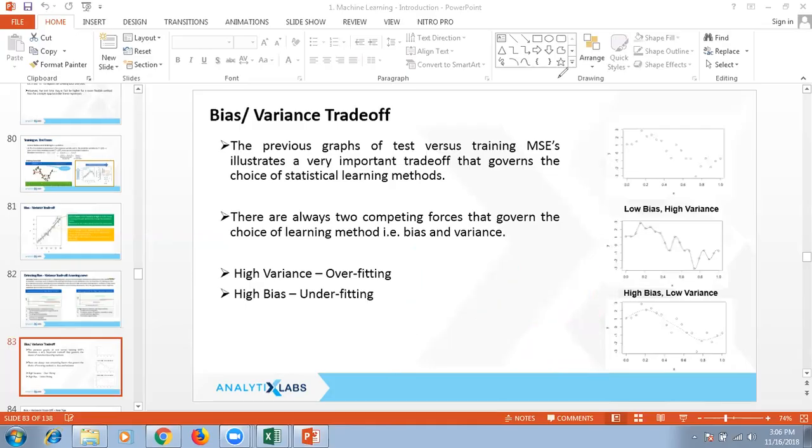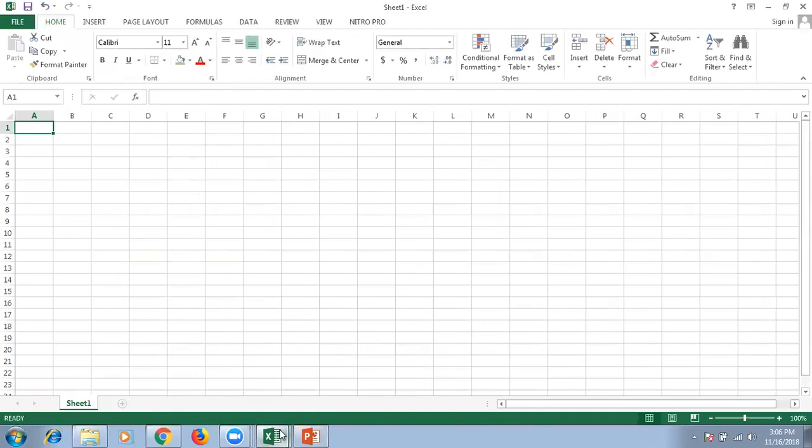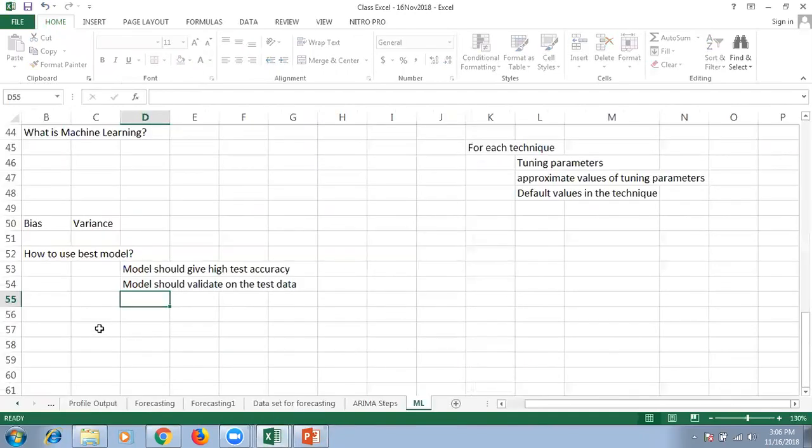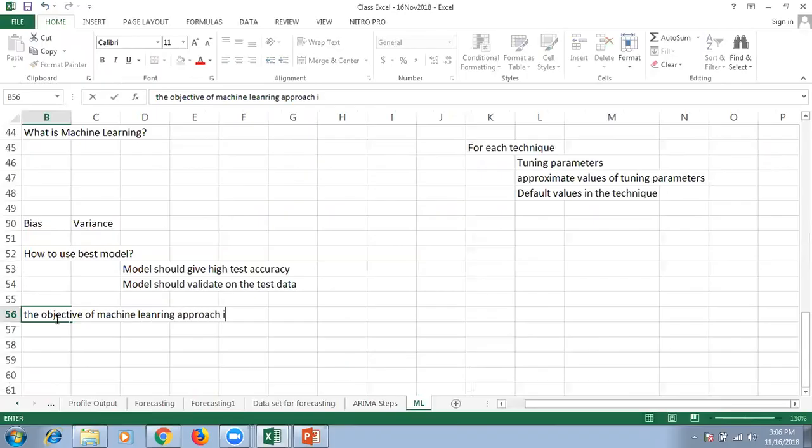So basically, if you look at this one, the underfitting problem, how can we overcome it? End of the day, what I'm saying is the objective of a machine learning approach is to get a model with low variance and low bias. Generally that is not possible.